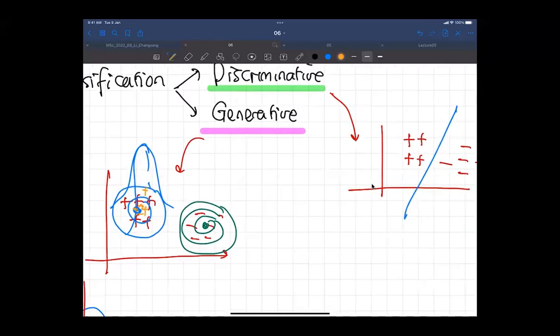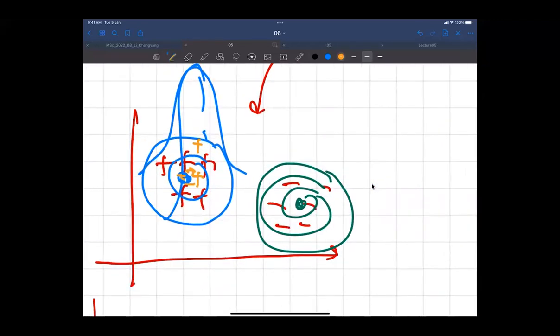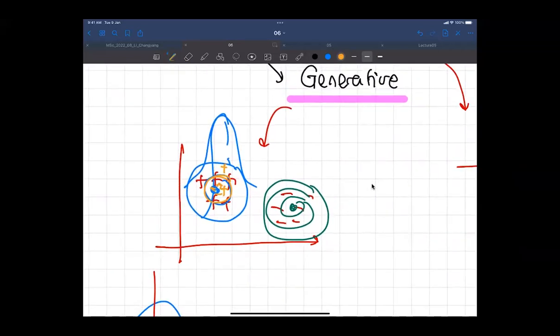In generative, you know the probability function, which tells you the likely area for positive samples. If you can fit your data to a Gaussian or a certain distribution, then you can use the generative approach to do classification.